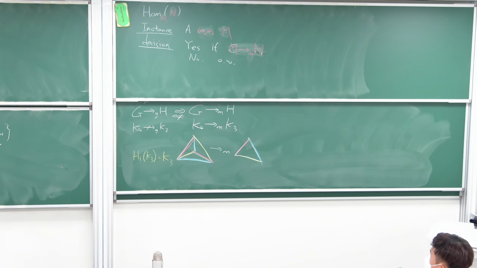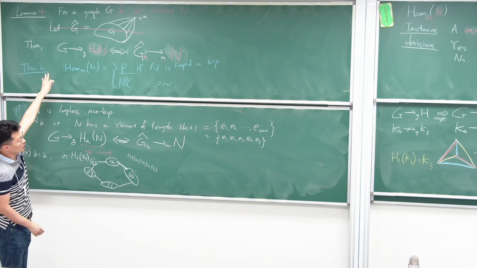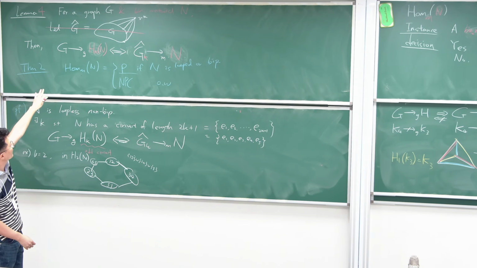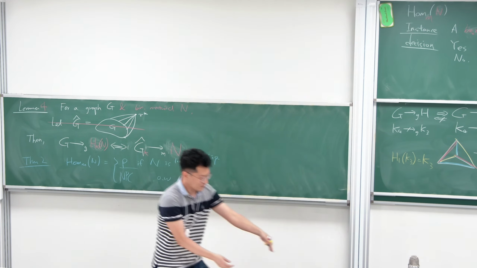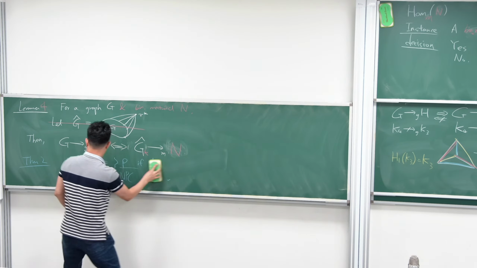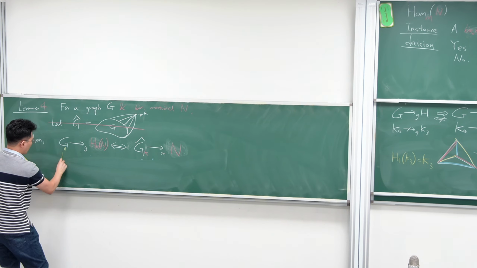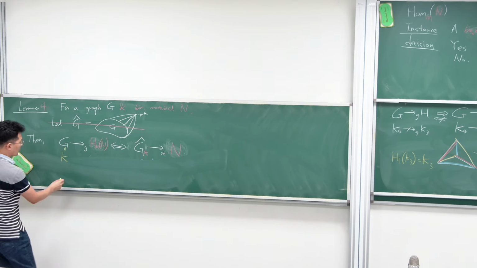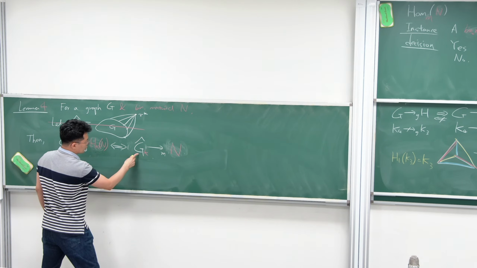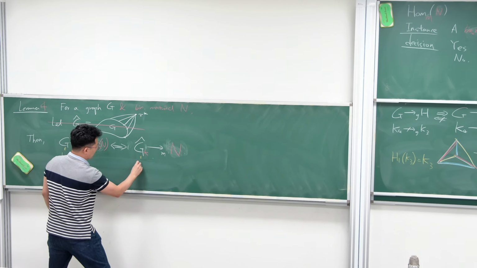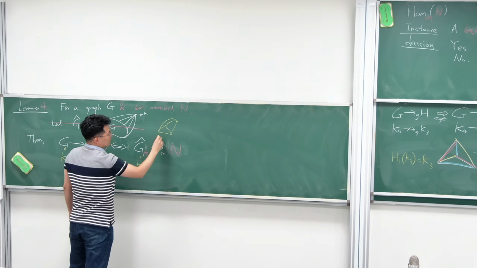So if we use this lemma with K equal to 1, G equal to K3, then G_1 hat is still K4, because with K3 we add a vertex and join 3 edges.